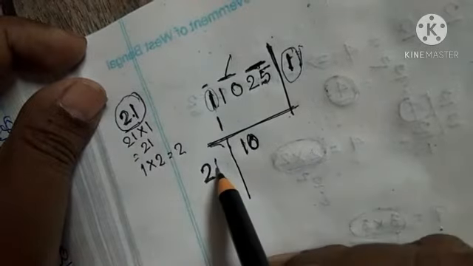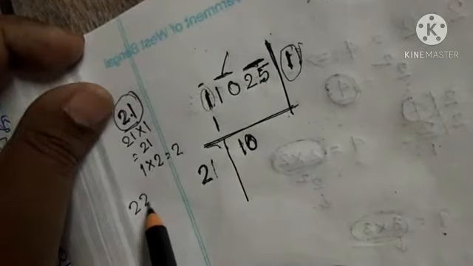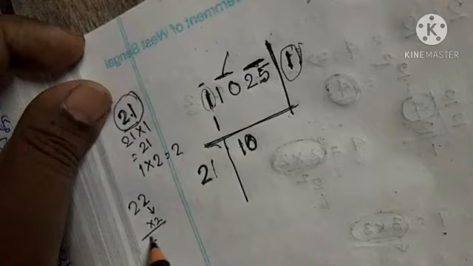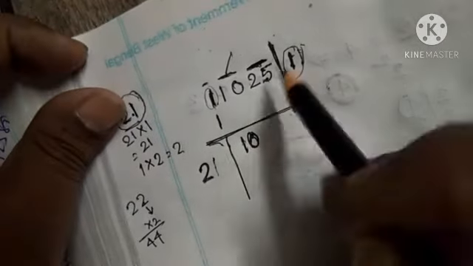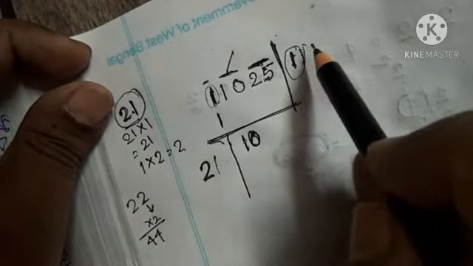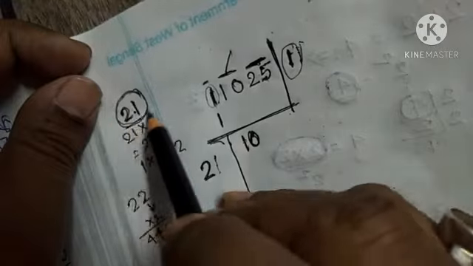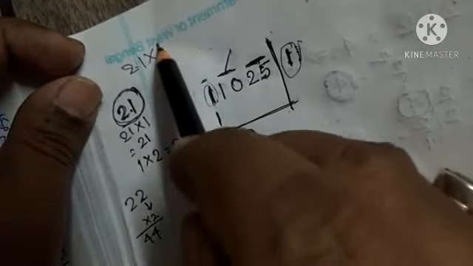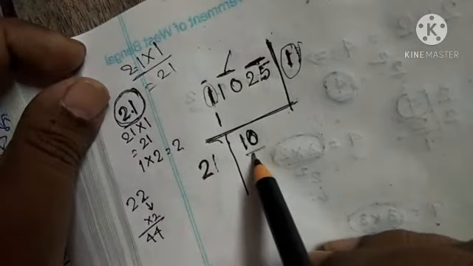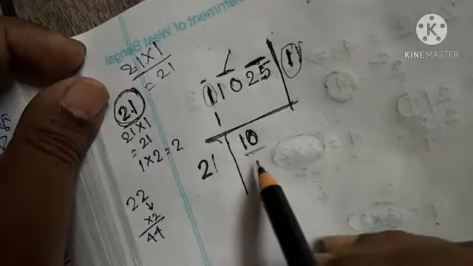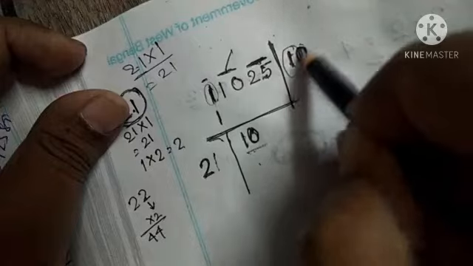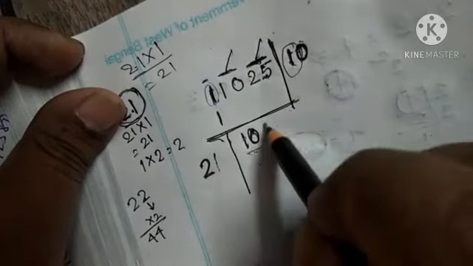If we write 2 here, then we get 22, and this 22 will be multiplied by 2, which is 44. In this way we have to find out the square root. If we write 1 as the least number, then the number will be 21, and 21 multiplied by 1 is 21. But here our number is 10. Therefore 21 is not written in this position. Therefore we have to write 0 here, and this pair will be brought down.